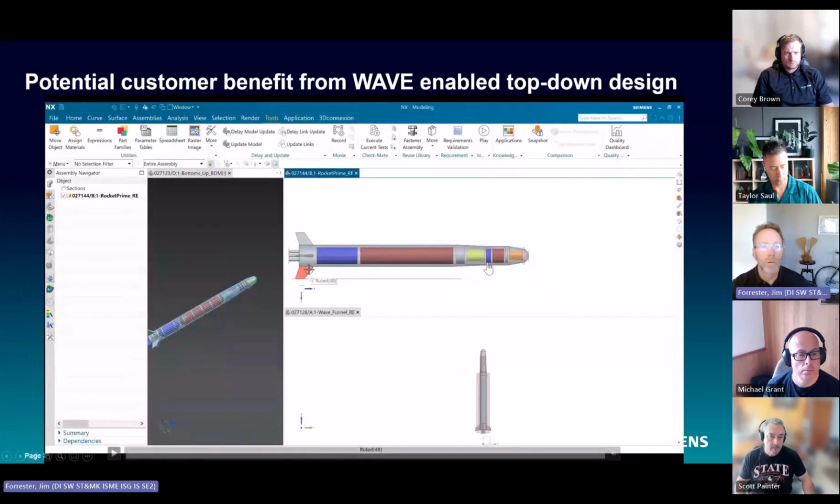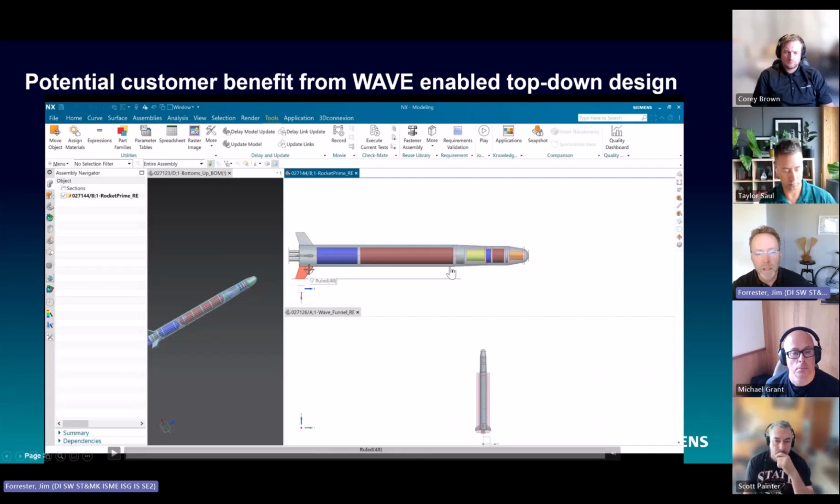Summary. So, given all that, I've got a demo of what an intern did for me last summer. And he did this to a rocket. He used this conceptual design level single part file as his primary geometry.